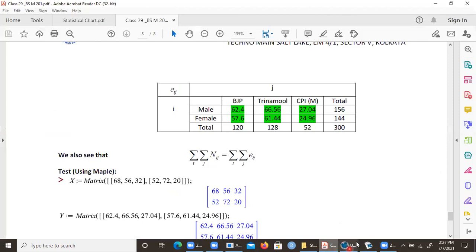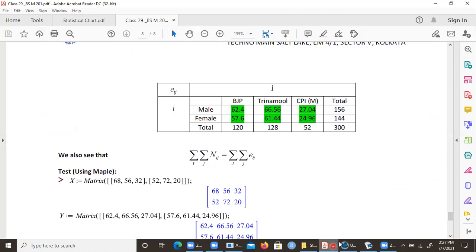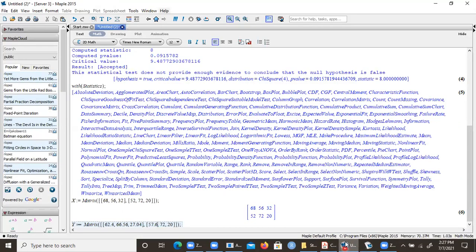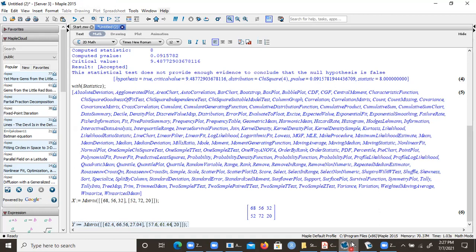The second row gives 57.6, then 61.44, and then 24.96.